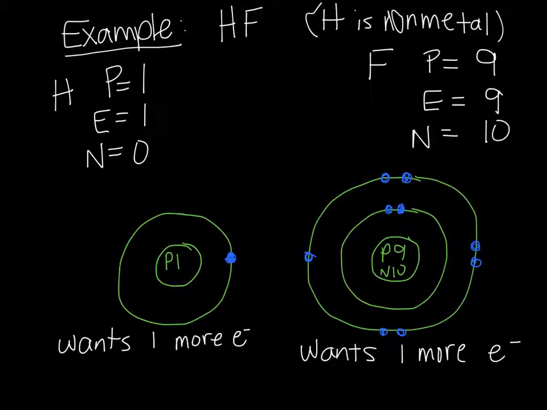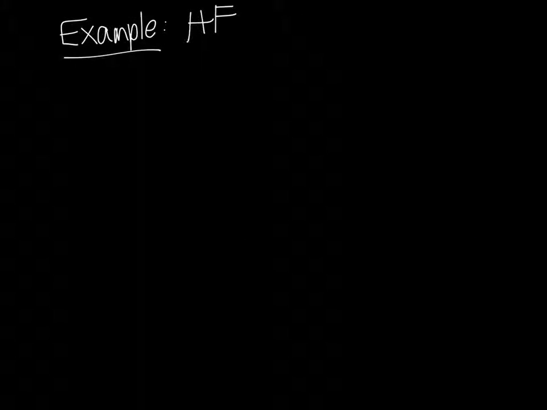These two atoms can solve this problem by sharing their electrons between them. Hydrogen has 1 to share, fluorine has 1 to share, and out of that, they both feel like they have a full shell. Let's see what that looks like. So we'll start with our Bohr models, just like we did before. Here's hydrogen, 1 proton. Here's its first shell. It had 1 electron there.